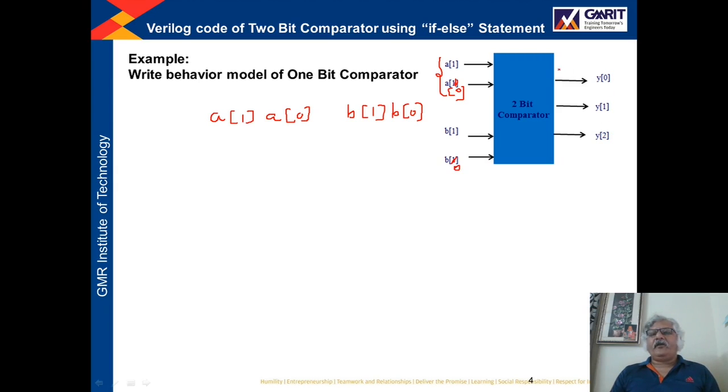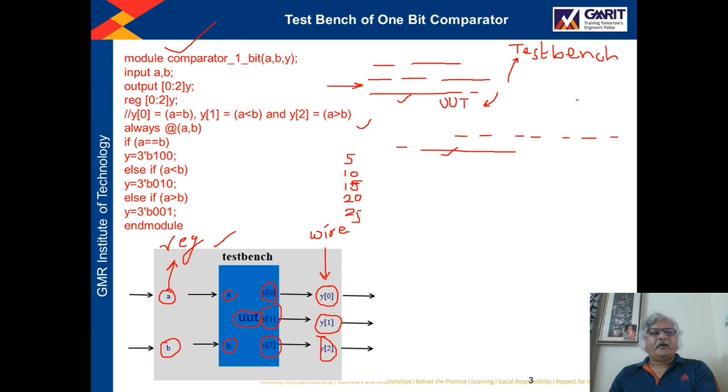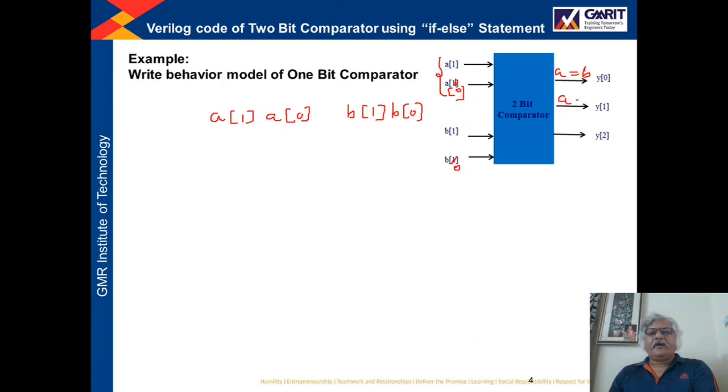So if A is equal to B, then Y0 will be high. If A is less than B, then Y1 will be 1.